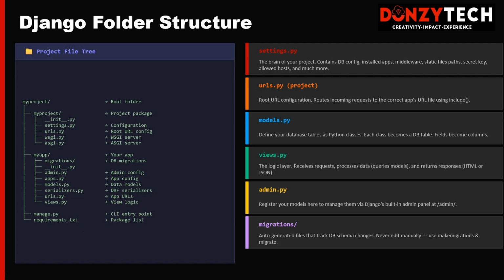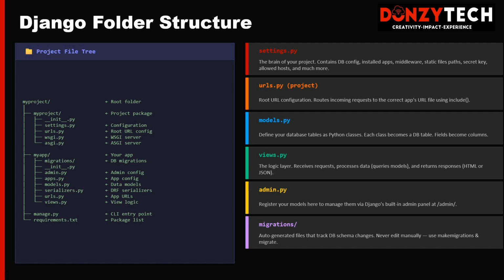Now let me talk about the requirements.txt file before I even proceed with the folder structure. Now remember, we created a virtual environment. The work of this virtual environment is to keep all the packages we are using for our project. So when you are done developing your project and you want to push it online, or maybe give it to another developer to deploy for you, the developer will need to know the libraries, or let's say the packages, you used in building your project.